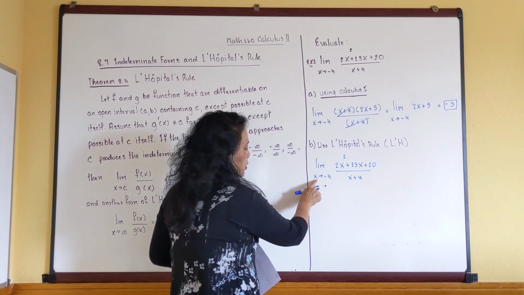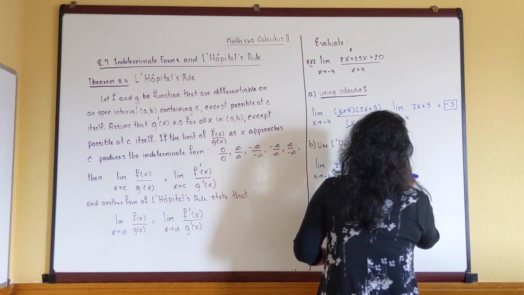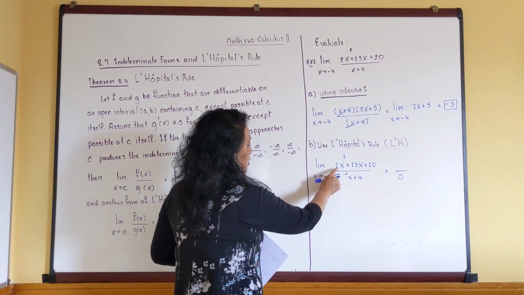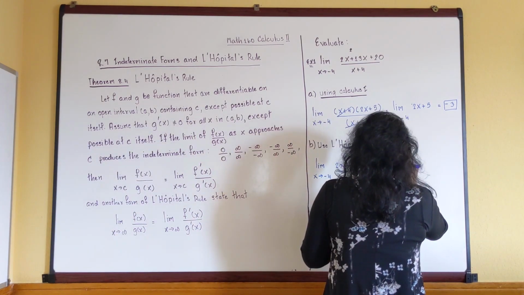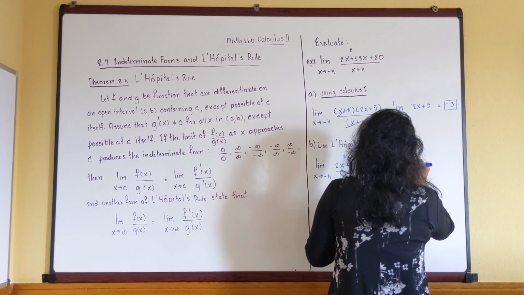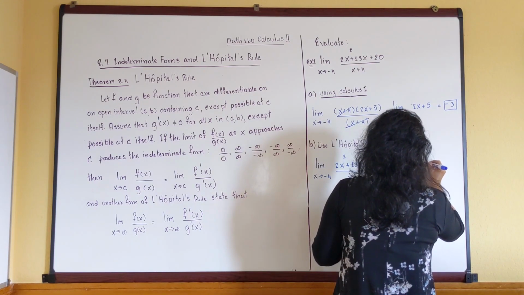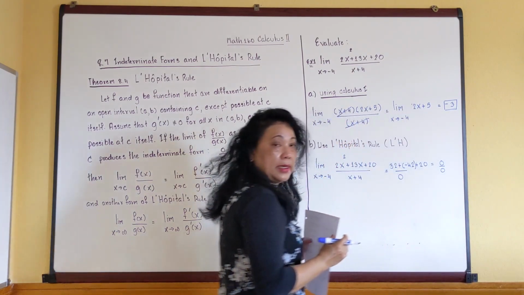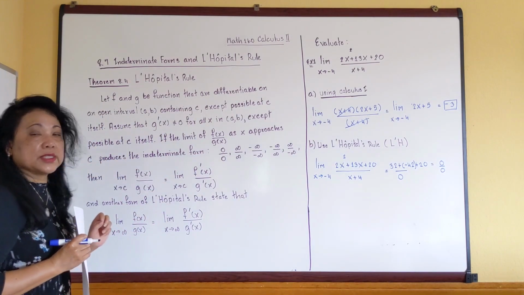Again, if I substitute -4 in the denominator, I have 0. If I substitute -4 in the numerator, I have 32 minus 52 plus 20, which is 0. So it's 0 over 0. You must check this condition before you apply the L'Hopital rule.